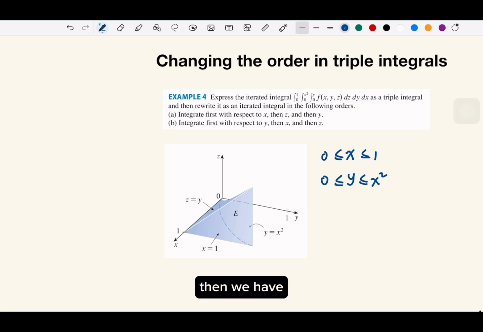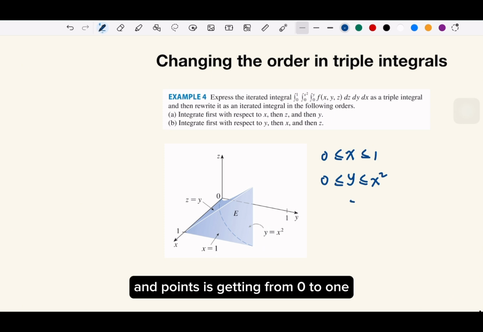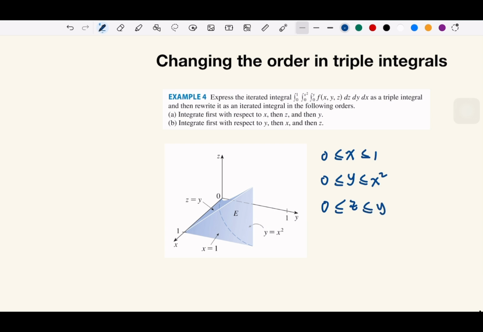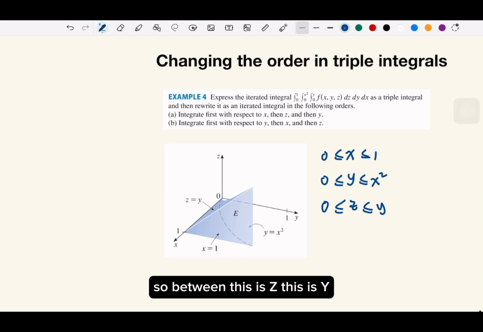And then we have z. Z in our endpoints is going from 0 to y. So if we imagine seeing only the z and y plane, this is z, this is y.